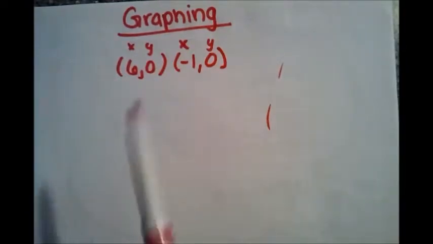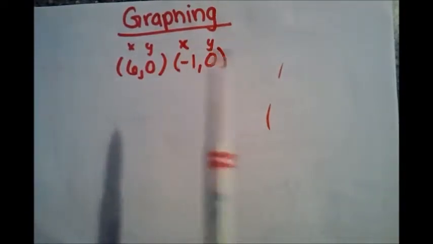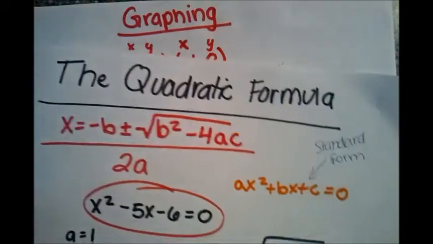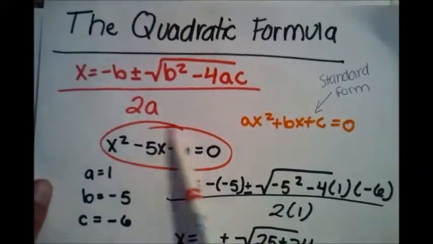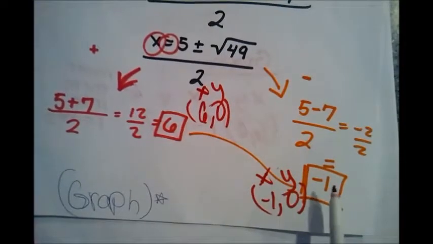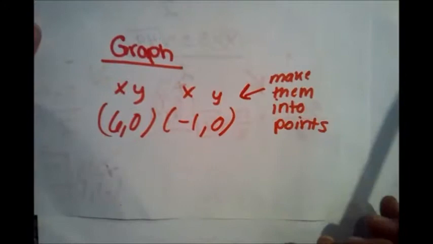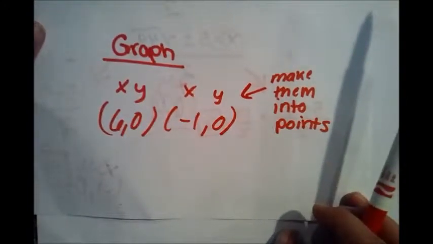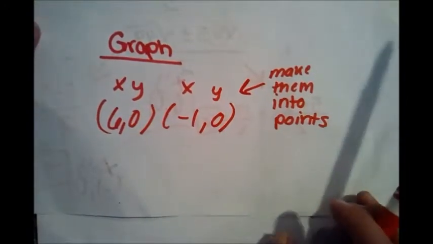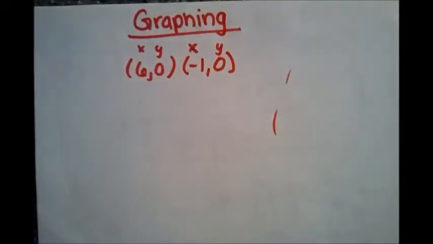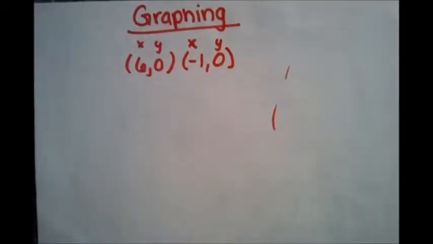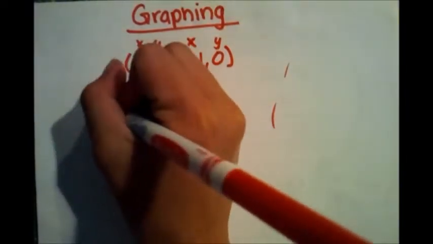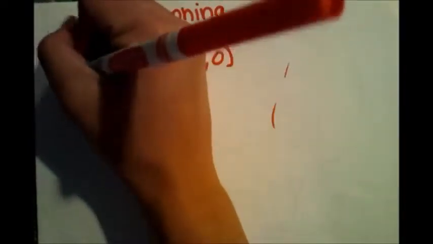Now we will be graphing the quadratic function of the problem we just worked out, where we got 6 and negative 1. You make them into points by adding a 0 for the y value, so now you have an x and y coordinate. To be able to graph this, we need to find the axis of symmetry using the following procedure.